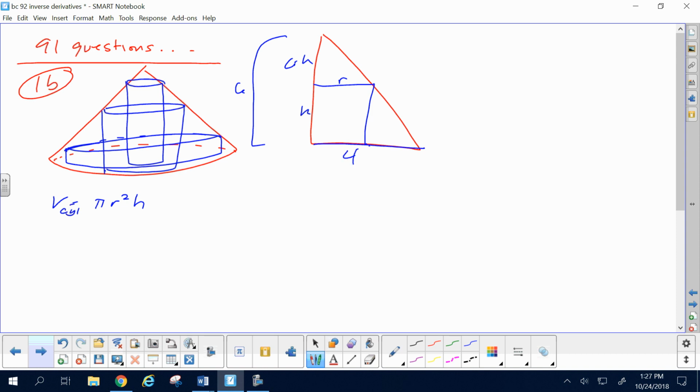Okay, so by similar triangles, 6 minus h is to r as 6 is to 4, yes? So what do we want to solve for? 6 minus h equals 3 halves r.